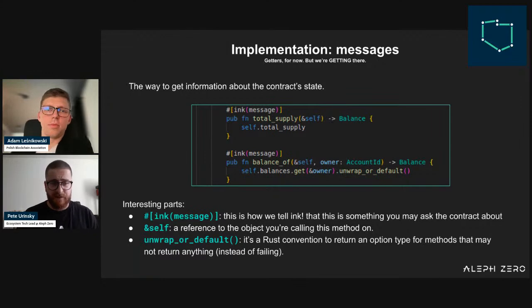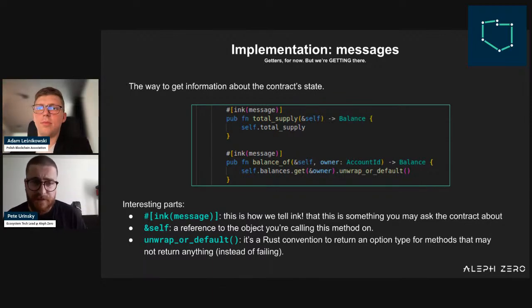Now, what do we get back? We get back not the value, but a wrapped value. It's wrapped in something called a result. It's going to be covered in just a slide or two. But basically, this tells us, okay, it can either be a success box with something inside, or an error box with an error message inside.